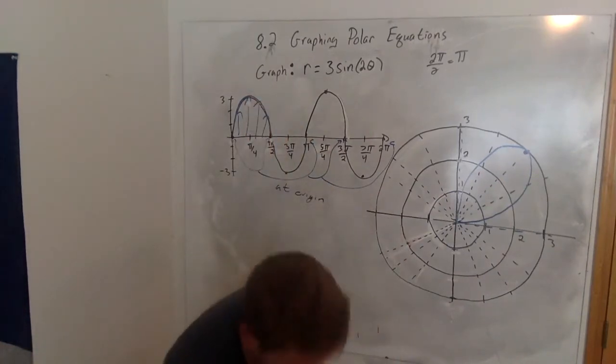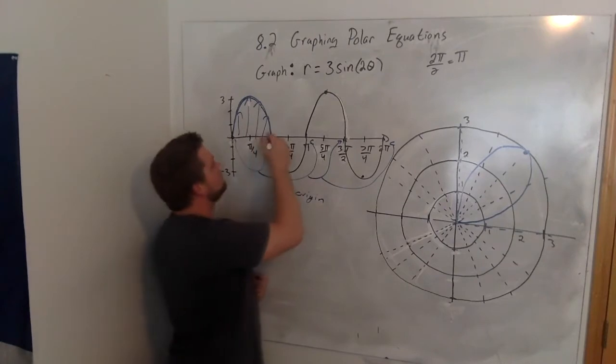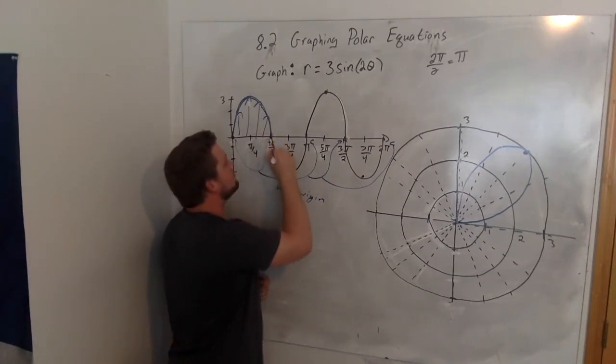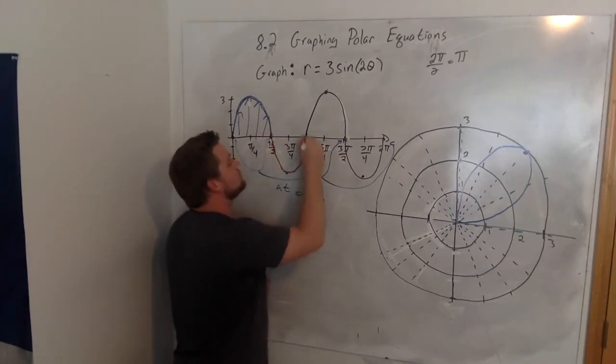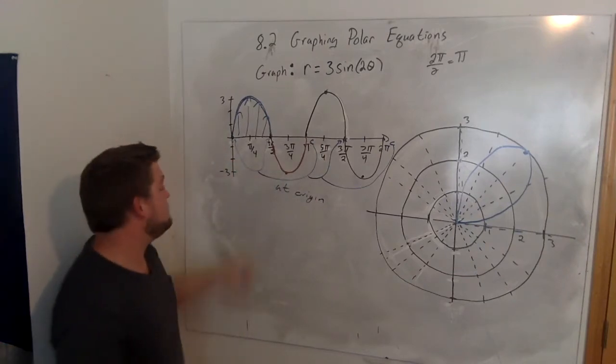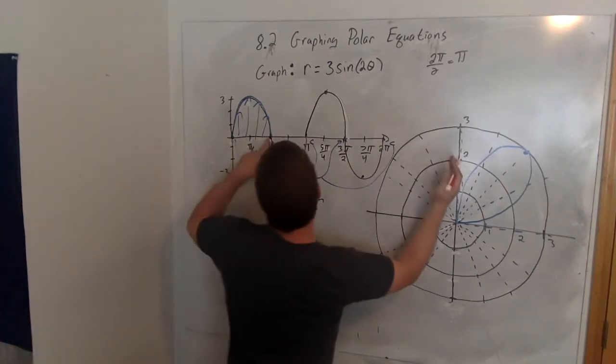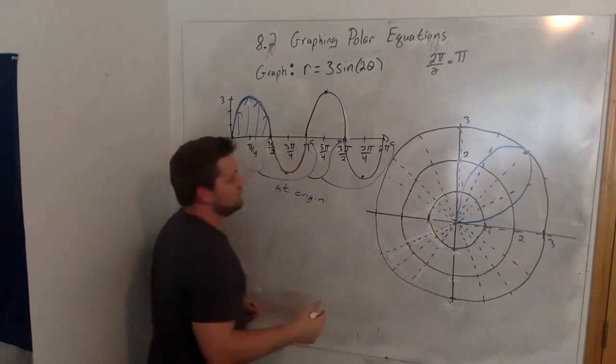Okay, different color. Now what's going to happen between here and here? Here we're going to have another leaf in our graph, and this leaf is going to be contained between pi over 2 and pi. Okay, so I'm going to draw that.